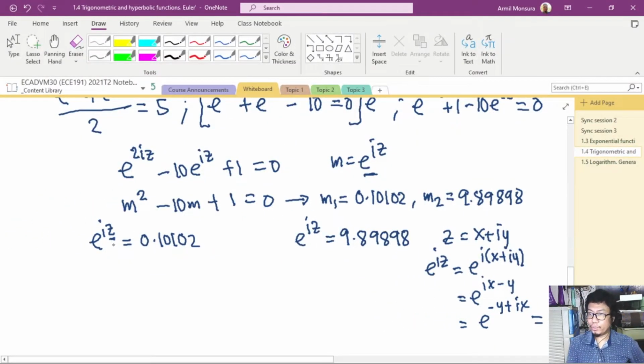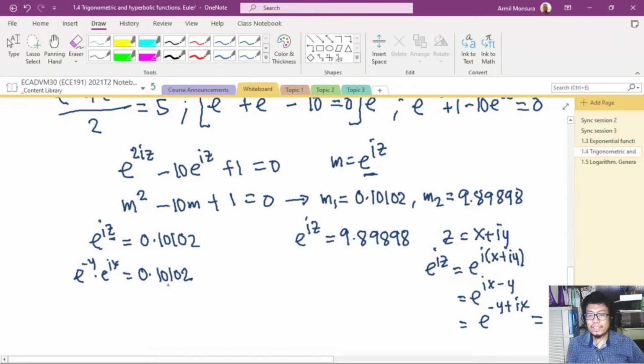So for the first half of the solution, we have e raised to negative y times e raised to ix equals 0.10102. How do we work on this one? Take note that 0.10102 is a real number.